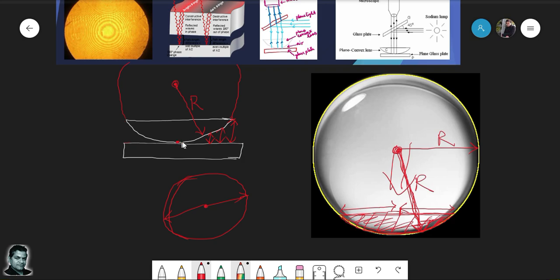Now, as you move away from this point in different directions, at different distances from this origin, the thickness is the same on all these circular points.